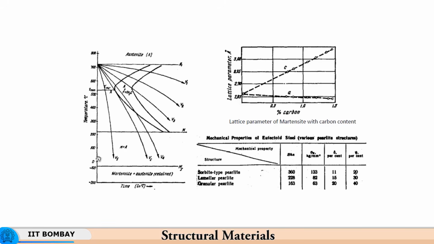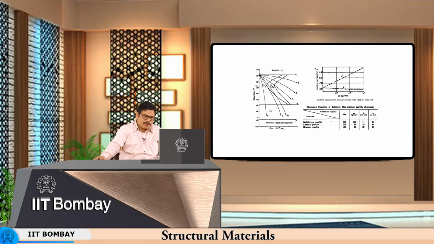So our room temperature is somewhere here at, let us say, 25-30 degrees centigrade. So if you have this cooling rate, the transformation is incomplete. So the incomplete transformation will result in austenite getting transformed into martensite from here on.